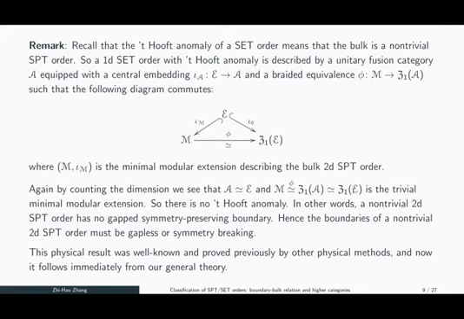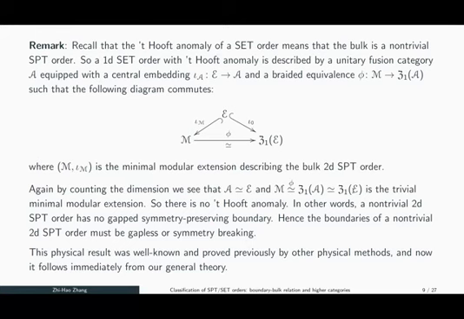Yes. So I will make sure. So A is a 1D SET. Yes. And after you gauge the symmetry of the 1D SET order, you get another topological order. Right. So described by B, right?